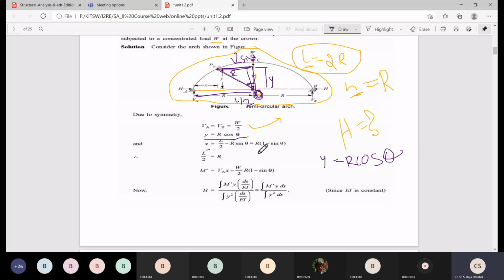So L by 2 minus R sin theta, where L by 2 is nothing but R. Taking R common, x is equal to R into 1 minus sin theta. Concluding, x is equal to R into 1 minus sin theta, and y is equal to R cos theta.